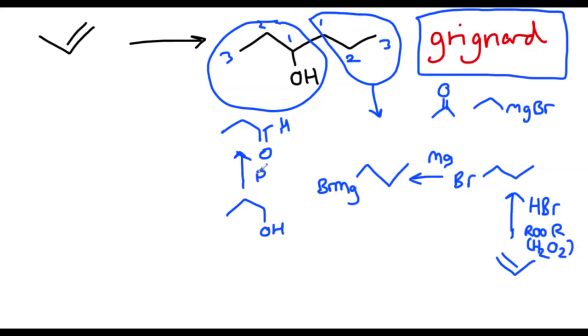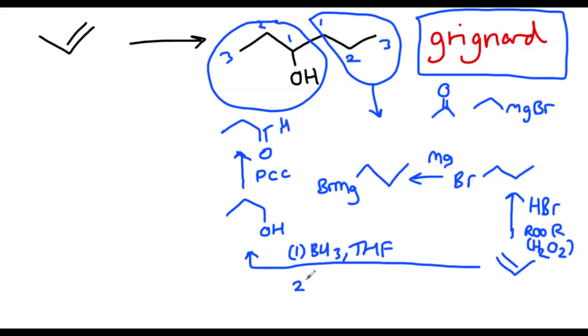Well, I need a relatively weak oxidizing agent, which PCC will work fine for that. And you guys can see that I can also make the primary alcohol I need from the starting alkene. This is another anti-Markovnikov addition. So the only way to make the anti-Markovnikov alcohol is by hydroboration oxidation. All right, and there we go.